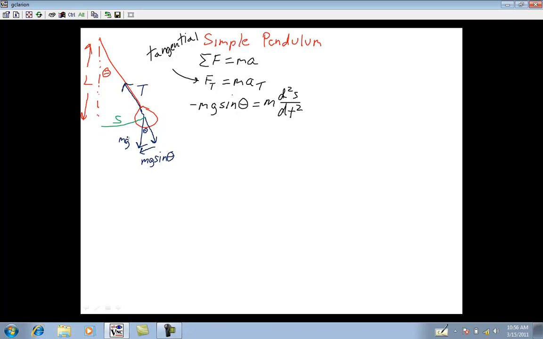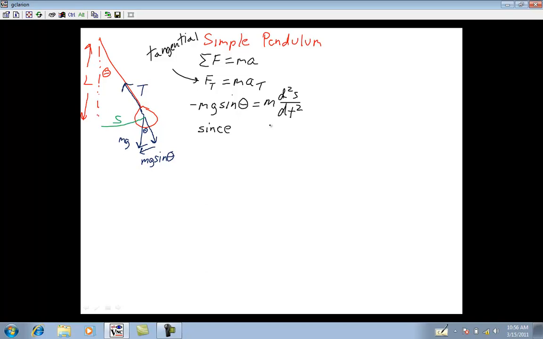Now, remember, as far as position is concerned and angular kinematics, what is the bridge equation, I should say? We got v is equal to r omega was the one for velocity.